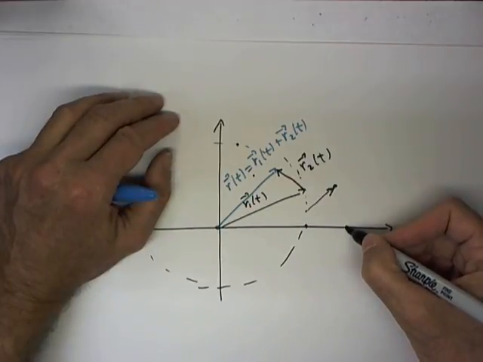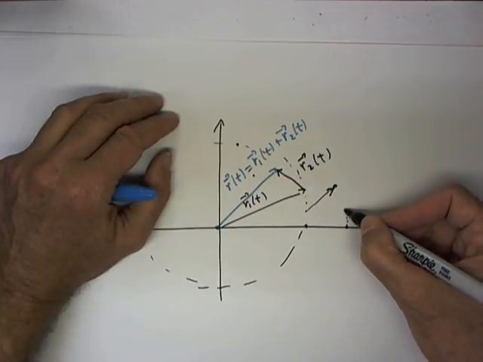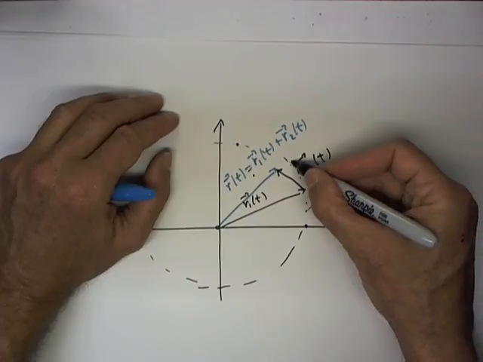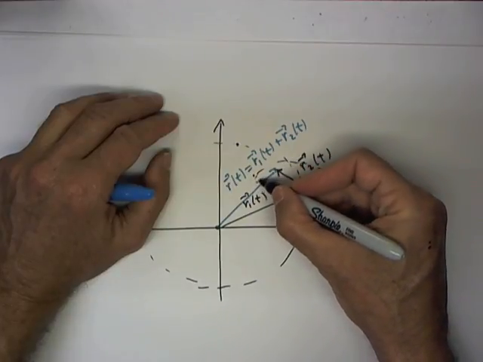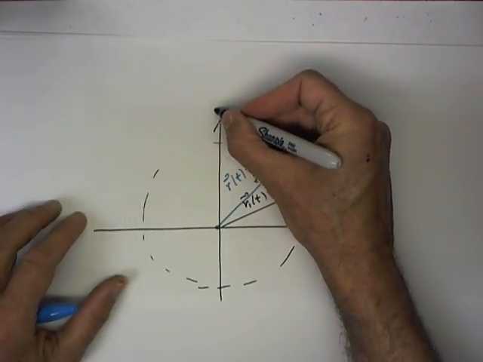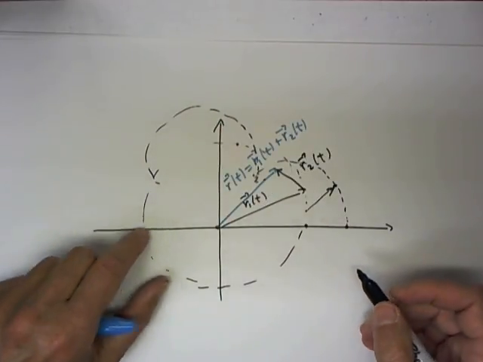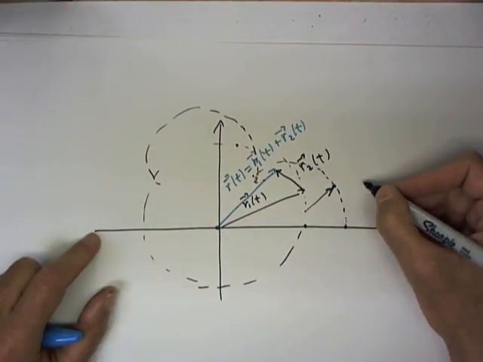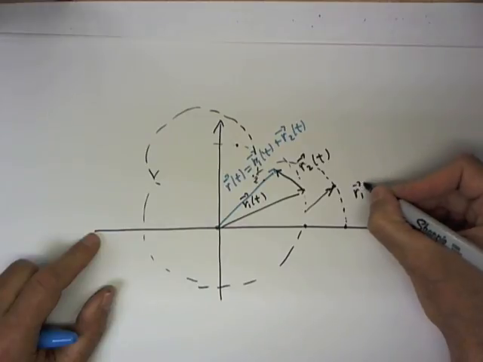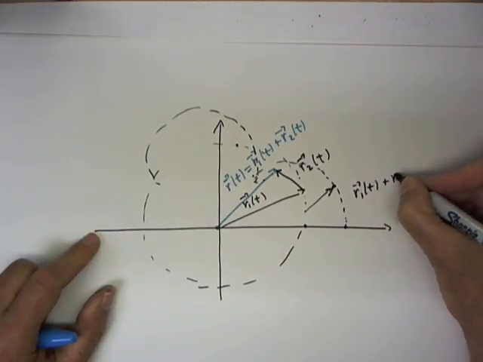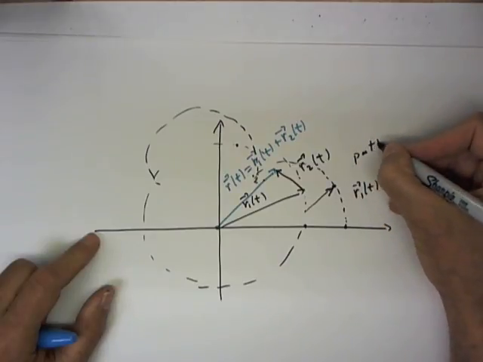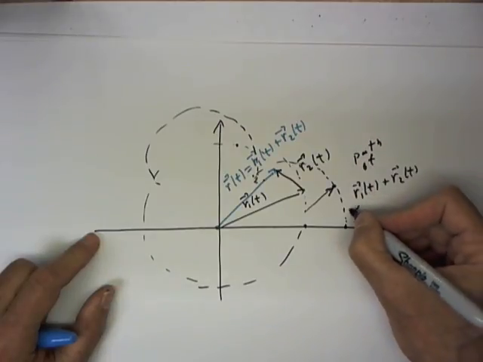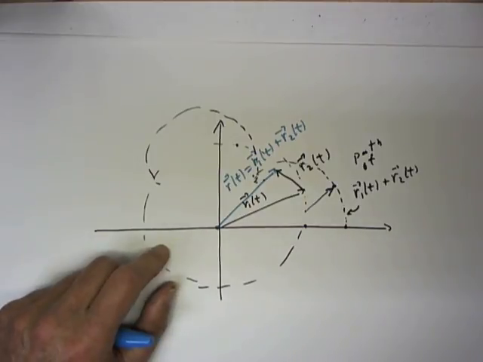And the path might look something like this. And that would be the path described by the vector function r1 of t plus r2 of t. We'll look at how we might do this mathematically in the next clip.